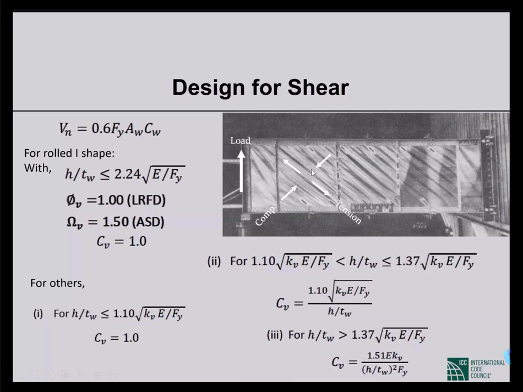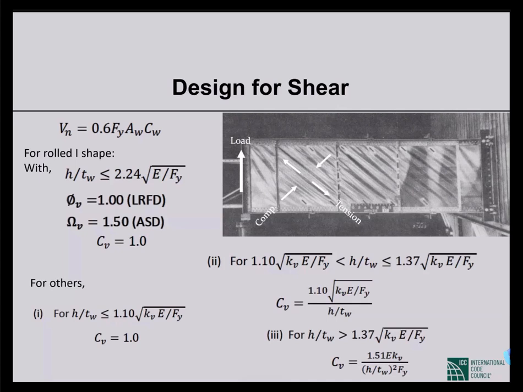Here you see, to calculate the shear capacity, what do we have? A 0.6, as I've said. In AISC, whenever you talk about shear, you'll always find this factor 0.6, because this is related to von Mises stresses of the pure shear case. That is the yielding criterion of the pure shear case in von Mises failure criteria.